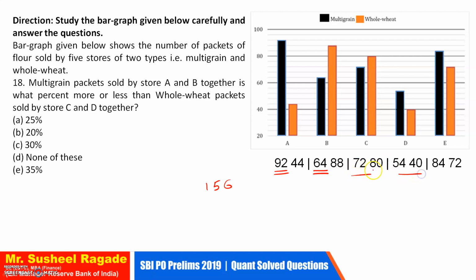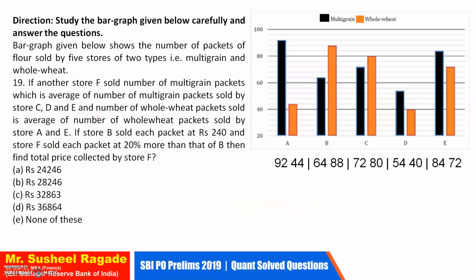C and D whole wheat, that is 120. Is what percent more? What is the difference? The difference is 36, and 36 we have to compare with 120. So this is exactly 30%.